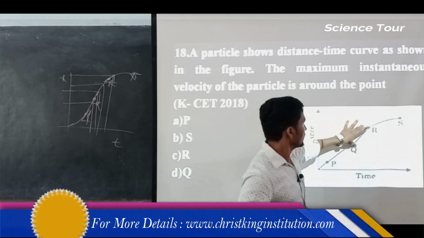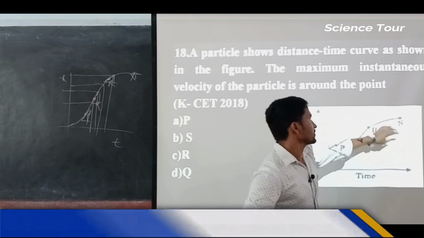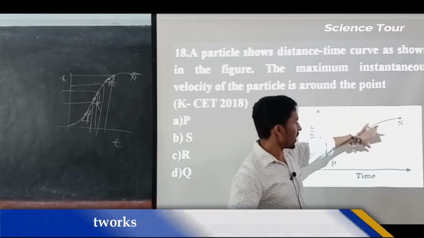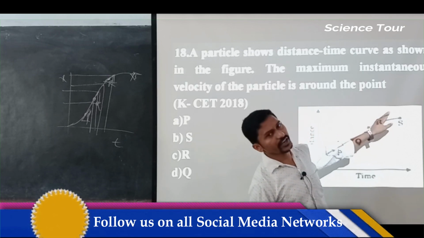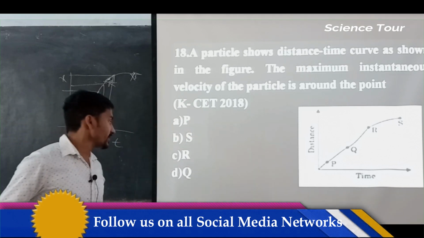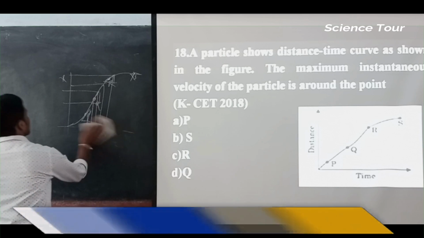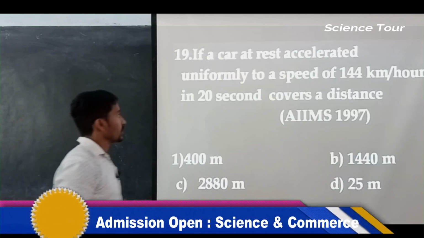You can see the maximum distance in the least time. So Q to R means it is increasing when it reaches point R. So at point R it will have maximum instantaneous velocity.